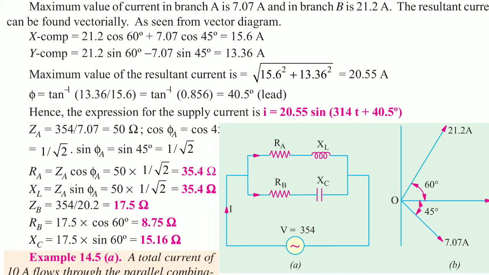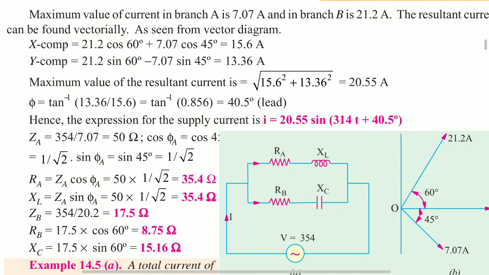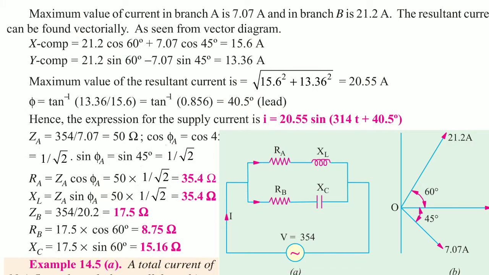It is leading. So the expression for the supply current I: the resultant current is 20.55 and phi is 40.5 degrees leading.